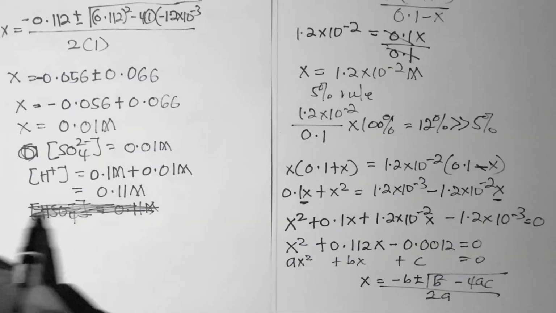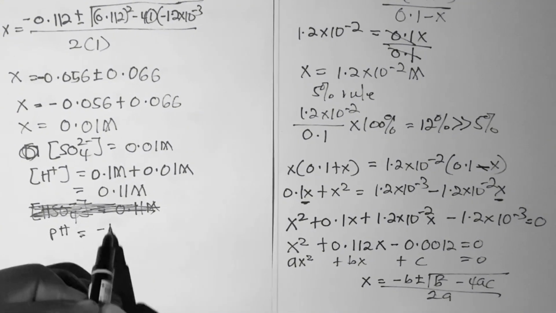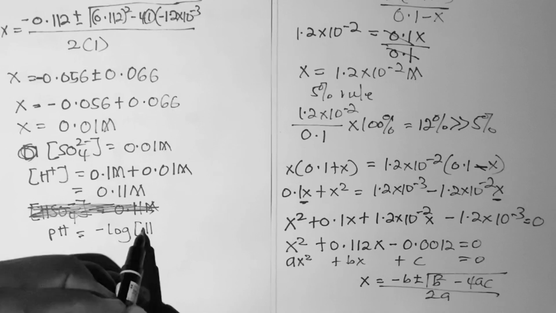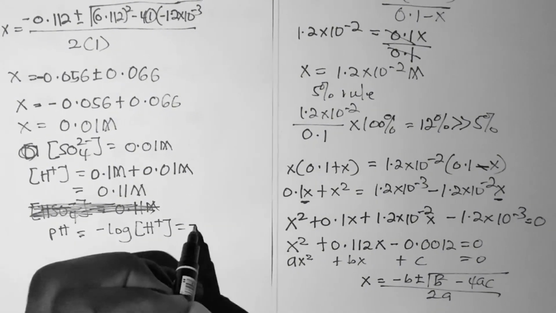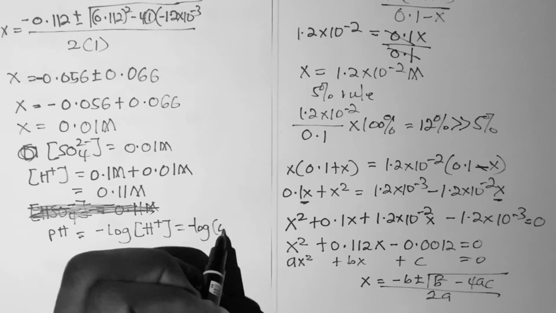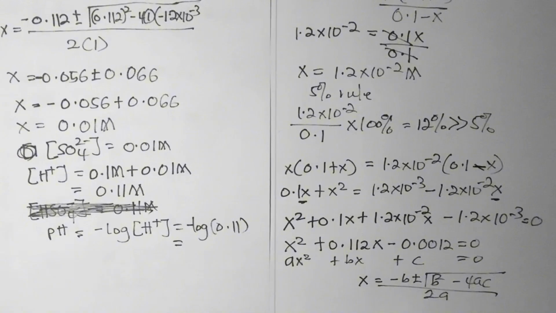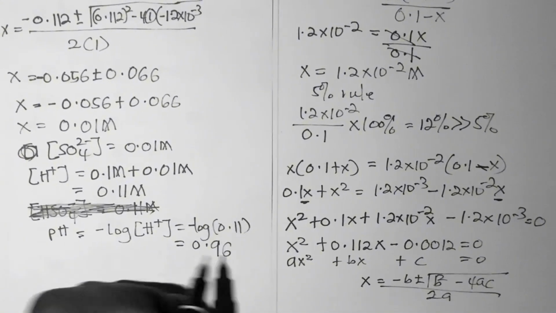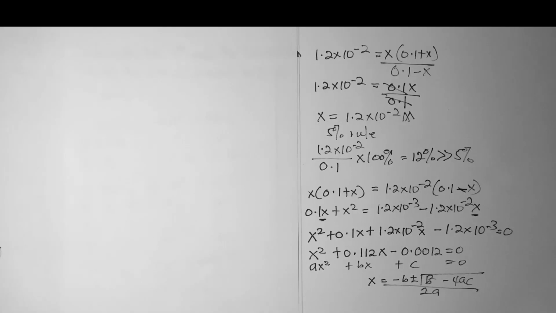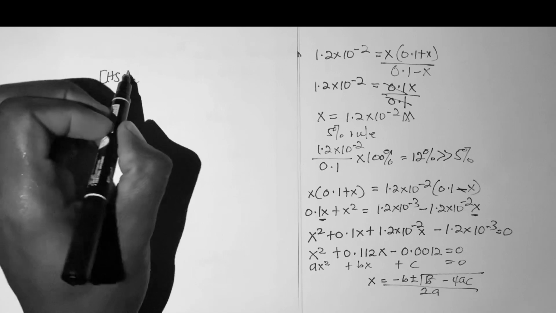So now we can find the pH. pH is equal to minus log of the concentration of the H plus ions. That's equal to minus log of 0.11. And if you do this, you get pH equals 0.96.